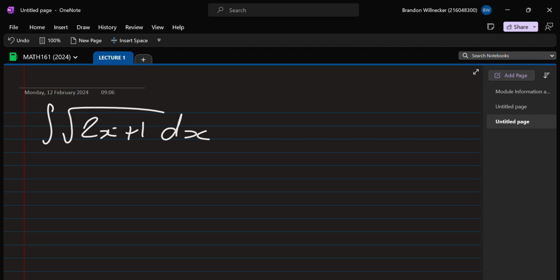Now here we don't have a product of two things like we had before, but that's fine. We just continue as we did in the previous case. We've got an outside function, square roots of something. Okay. We've got an inside function, 2x plus 1. There's not much choice here, right? U is going to be that inside function. So u equals 2x plus 1, and then we see what happens.